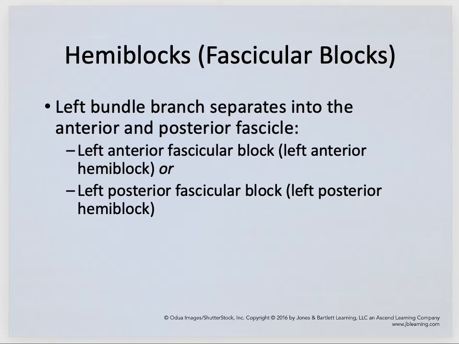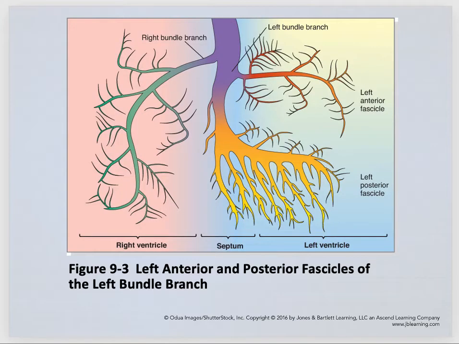When we look at the hemiblock, we're looking at whether it is anterior or posterior hemiblock, which is really kind of confusing. So left anterior and posterior fascicles of the left bundle branch. Here's the left bundle branch itself, right? It comes down.